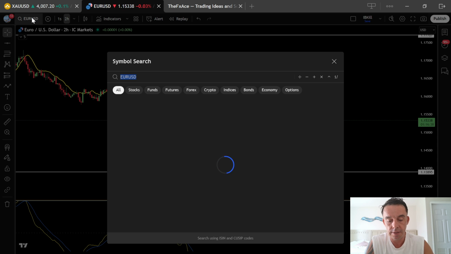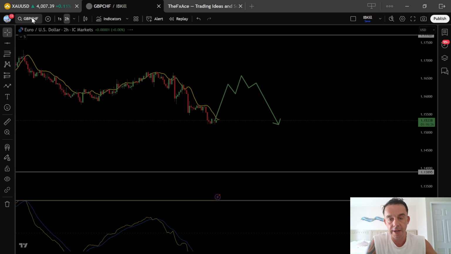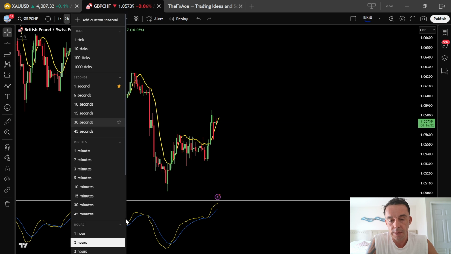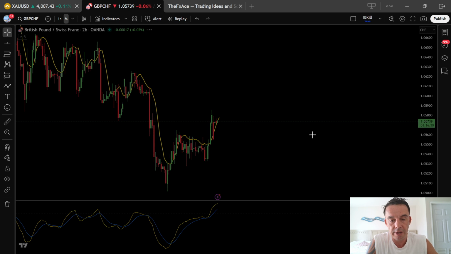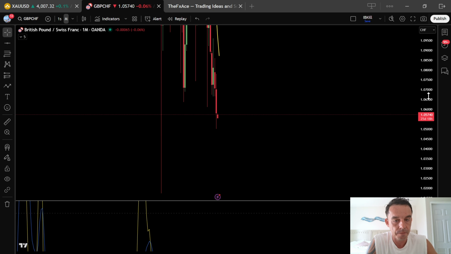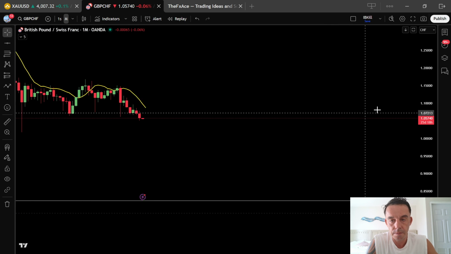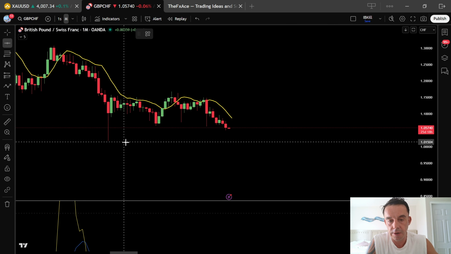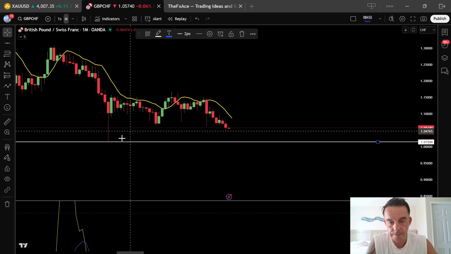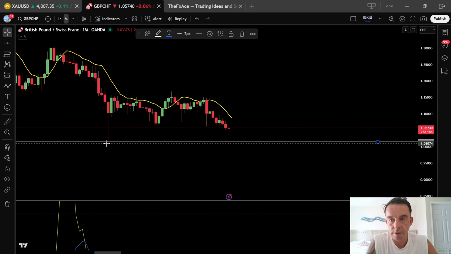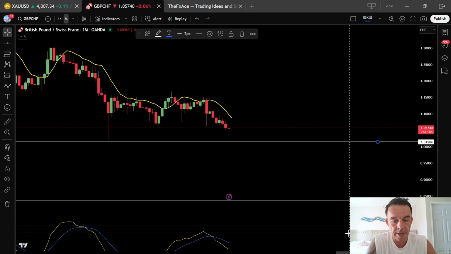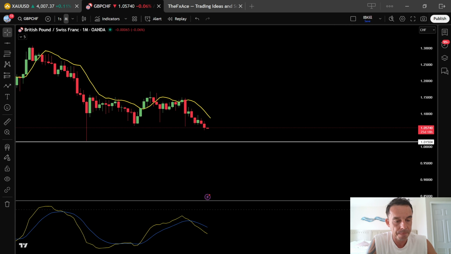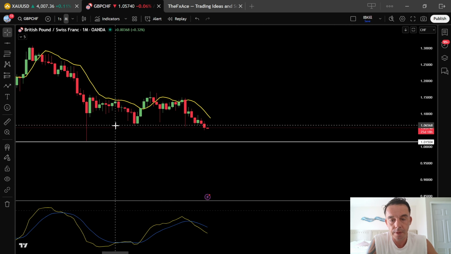Next one is British pound Swiss franc. Zooming out to the weekly chart, sorry, monthly first. The first thing you want to draw is the low from the Gilt disaster in 2022, the Liz Truss budget.